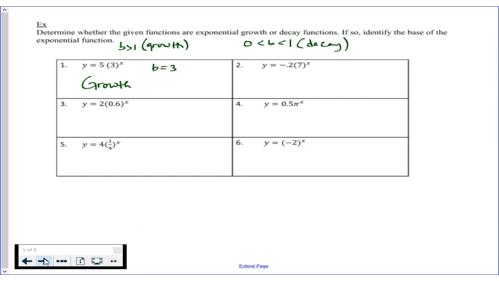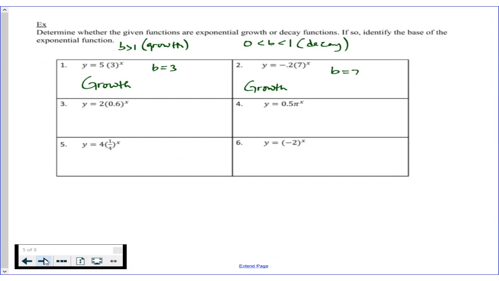What about number 2? Growth or decay? I want everyone to participate. Type on the chat. Yes, it is growth because b is 7. So this is also growth. Inside the exponent, we have the base 7.